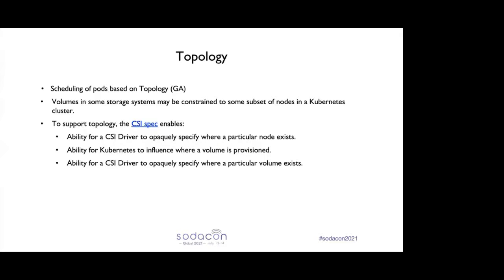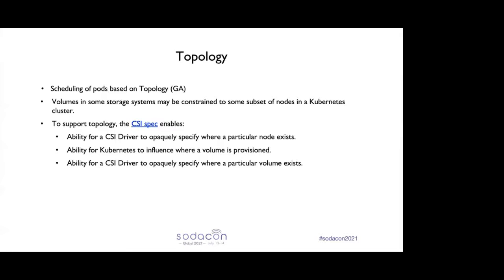To enable Kubernetes to support these storage systems, the CSI spec enables the ability for a CSI driver to opaquely specify where a particular node exists. For example, node A is in zone 1. And the ability for Kubernetes to influence where a volume is provisioned.